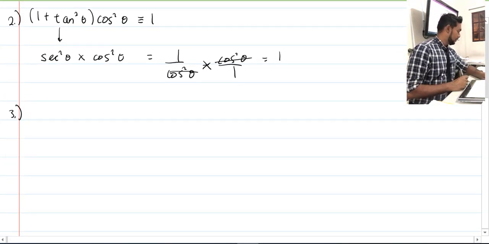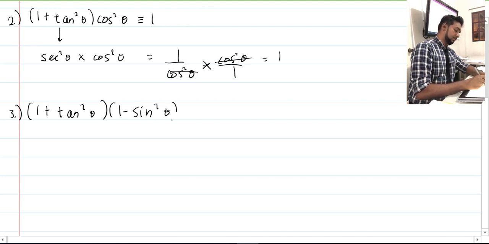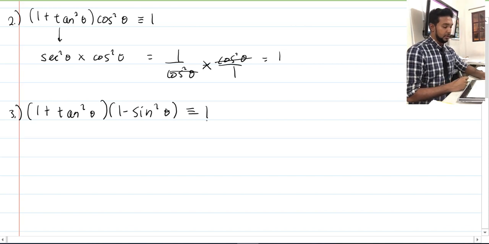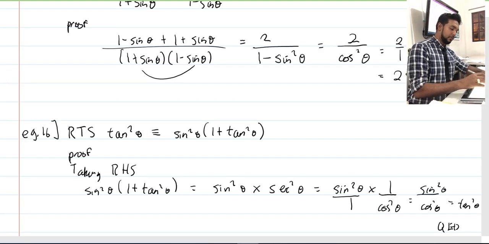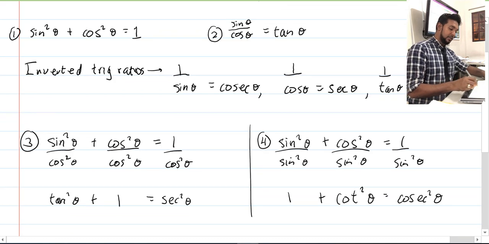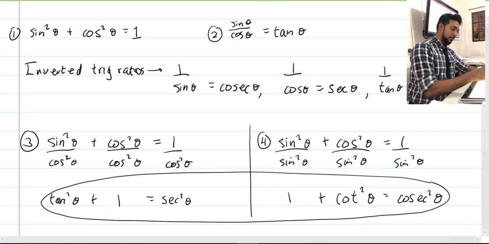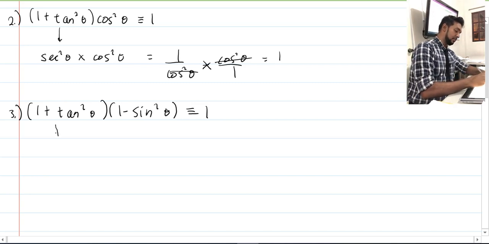Number 3. So we have 1 plus tan squared theta by 1 minus sine squared theta is again identical to 1. Now, when I was in Form 4, Form 5, for some reason I did not know about these identities, which would actually make solving this one very easy, because 1 plus tan squared, if you look from above, is what?